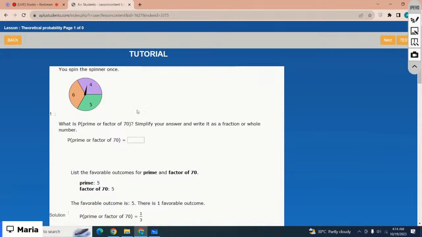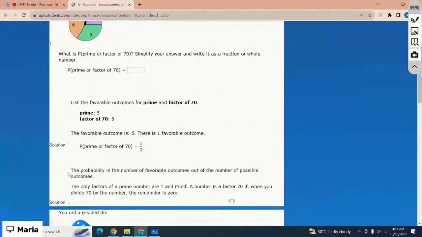The correct option is... the probability is the number of favorable outcomes out of the number of possible outcomes, right? The only factors of a prime number are 1 and itself.